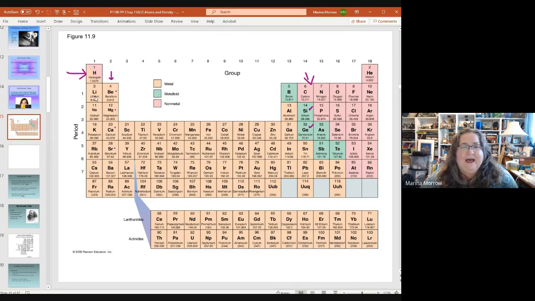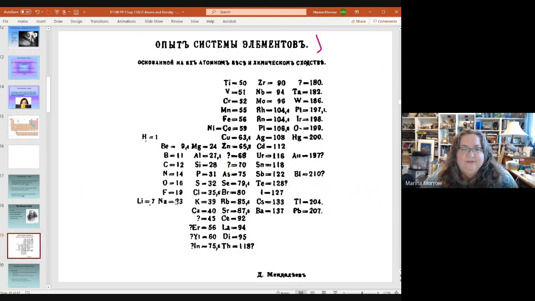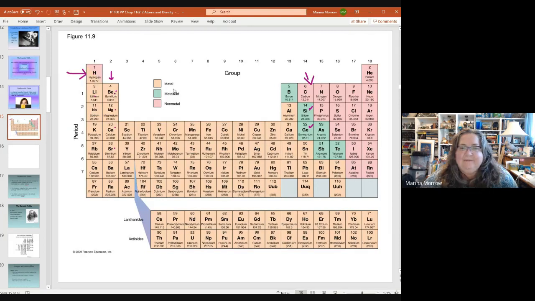But then also there's lithium, and then we have beryllium, boron, carbon, nitrogen, oxygen, fluorine. So that's pretty familiar. So we had that part.